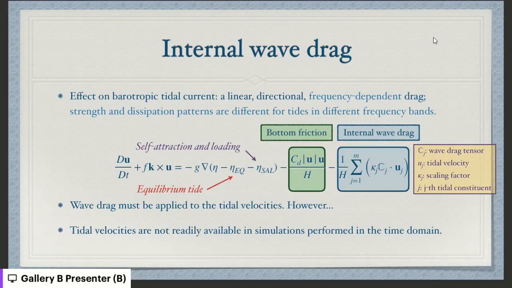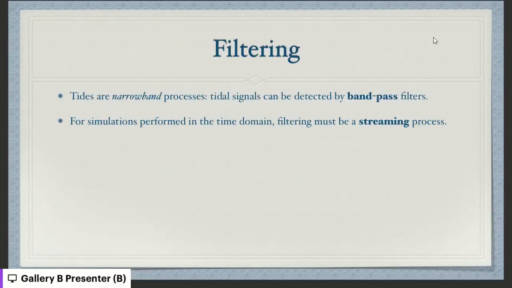For example, if you're using traditional methods such as harmonic analysis, it's very computationally expensive, and it's not really feasible when we want to know the tidal velocity at each time step. So what we did here is we developed a filtering method which can perform bandpass filtering to determine the tidal velocity while the model is running.